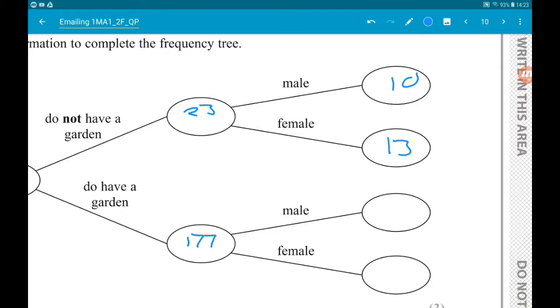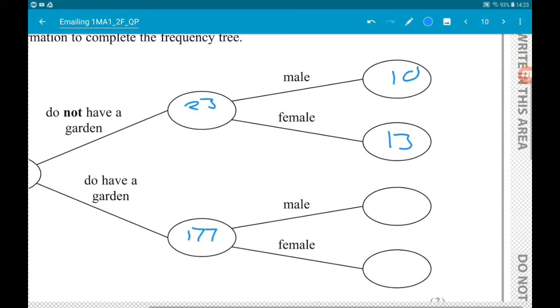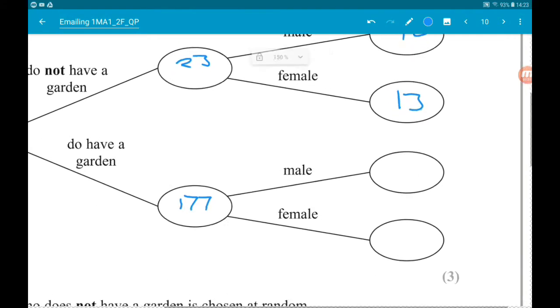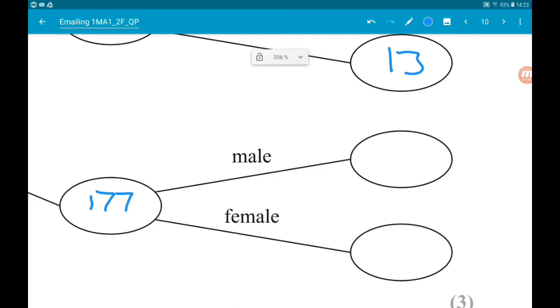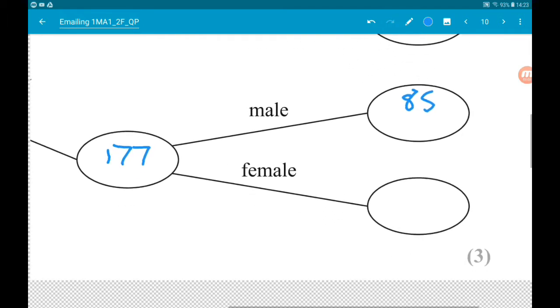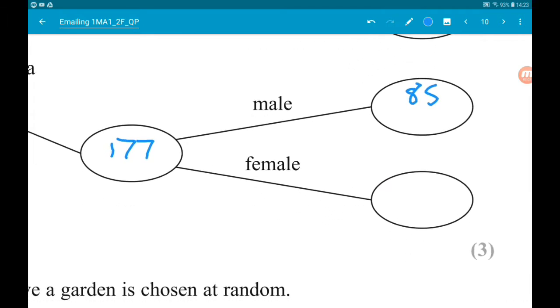So we know 10 of them do not have a garden, which means then 85 do. So 85 goes there, and then to find the number of females, we do 177 minus 85, and that gives us 92.